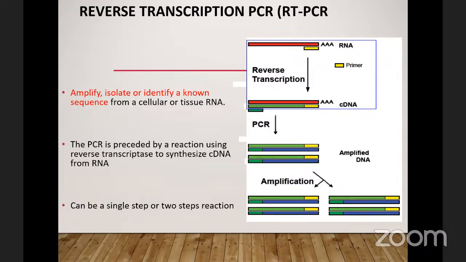This type of PCR, we actually got this knowledge from the RNA viruses, or the retroviruses, sorry. We got this knowledge from the retroviruses, whereby they are able to, okay, let me use HIV as an example. The HIV virus, we know is an RNA virus, but is able to incorporate into the human DNA.